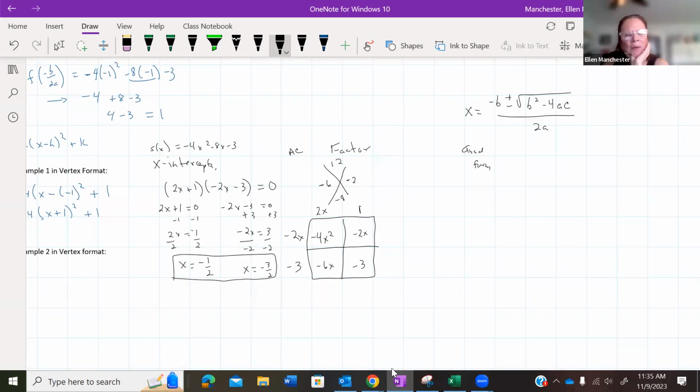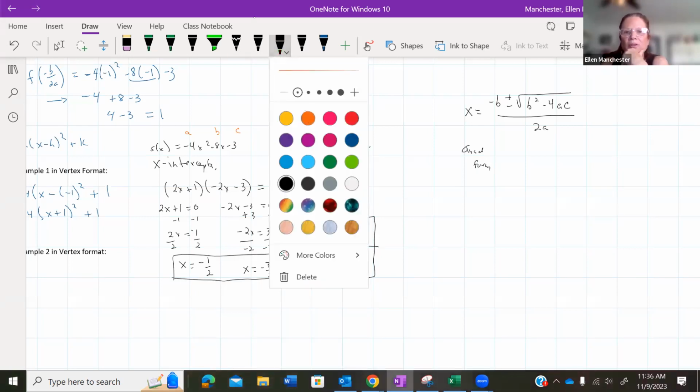I know we haven't talked about it a lot in here until this section, so this may be new to some of you. Okay, so we have our A is -4, B is -8, and C is -3. So all I'm going to do is just plug those into this formula.